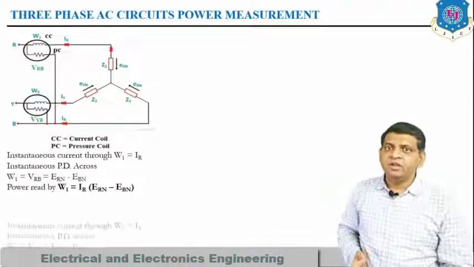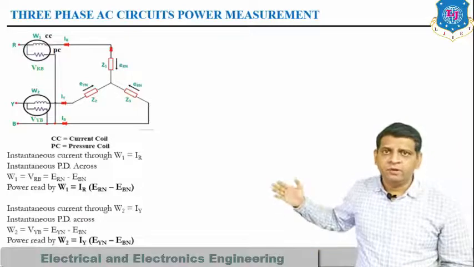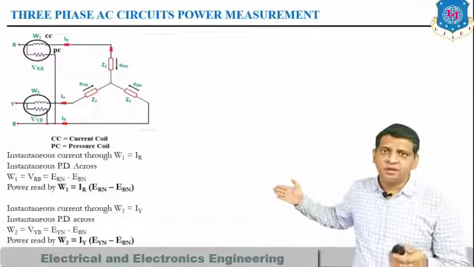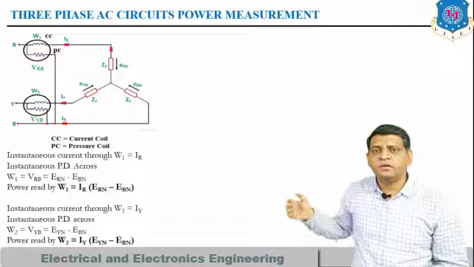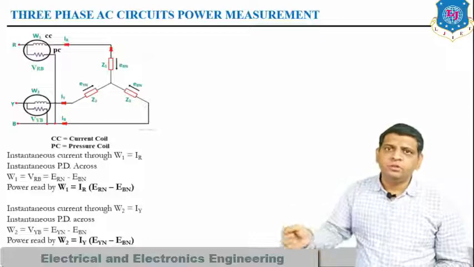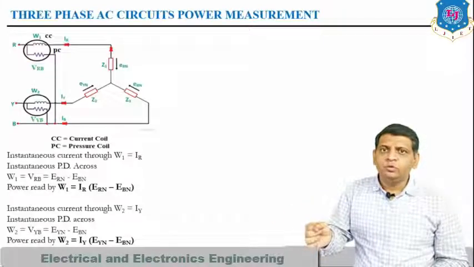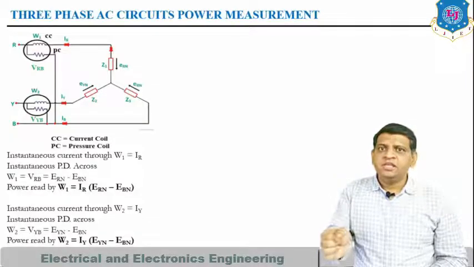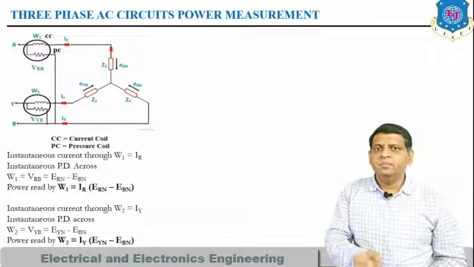The same way for the wattmeter reading W2, the current passing through is IY and the voltage drop is VYB. So the final equation is W2 equals IY into VYB, which equals IY into (EYN minus EBN).